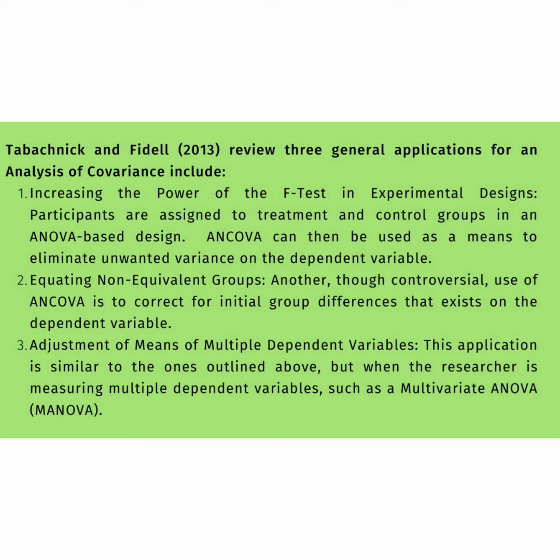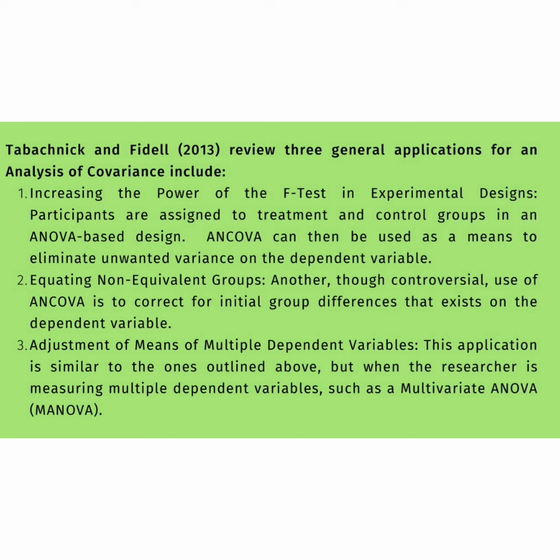Tabachnick and Fidell in 2013 review three general applications for an analysis of covariance. It includes increasing the power of the F-test in experimental designs, which means participants are assigned to treatment and control group in an ANOVA based design.